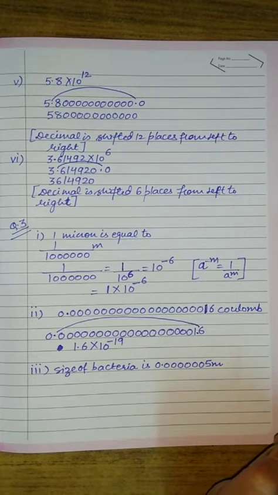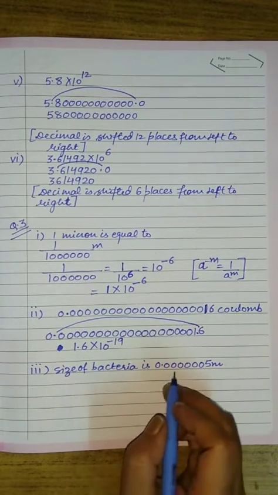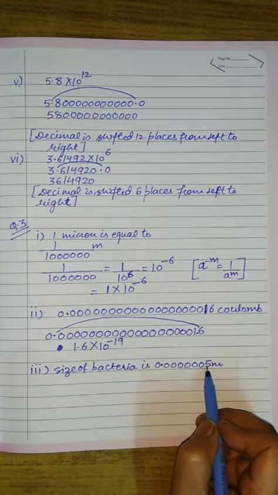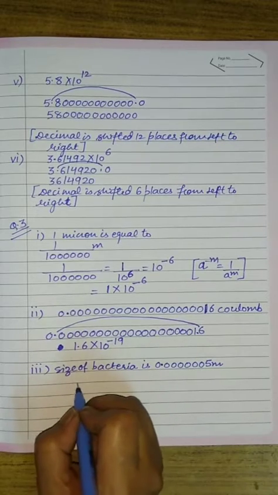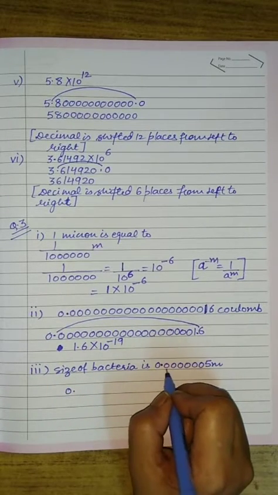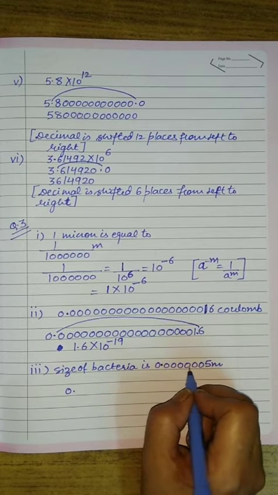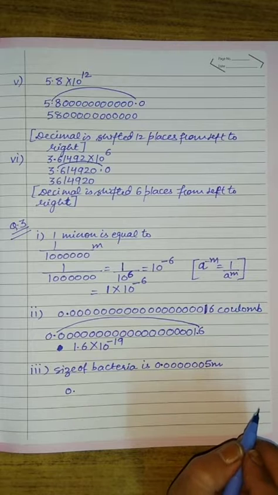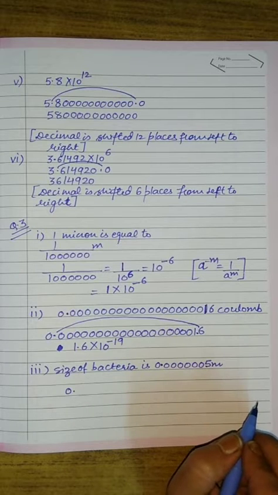Now I have to write this number in standard form. Again the decimal is on left side and I have to shift it after 5. How many zeros are there? 1, 2, 3, 4, 5, 6 and one digit 5 is also there. So decimal will be shifted 7 times.